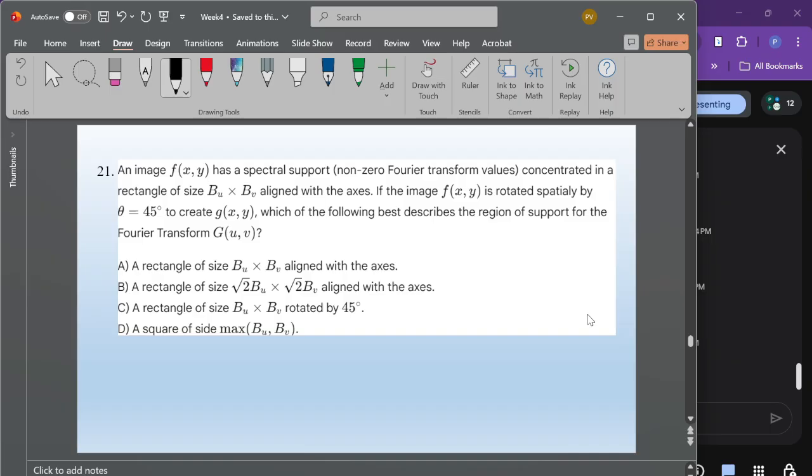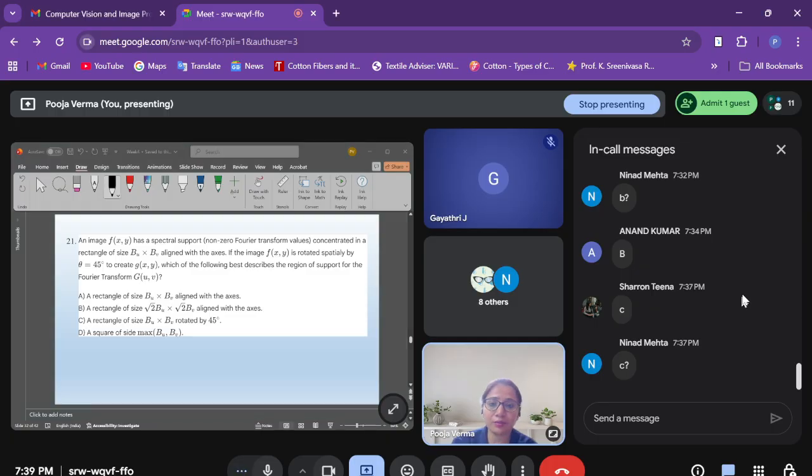If the image f of x comma y is rotated by angle theta equal to 45 degrees to create g of x comma y, which of the following best describes the region of support for the Fourier transform G of u comma v? Option A, a rectangle of side Bu cross Bv aligned with the axis.